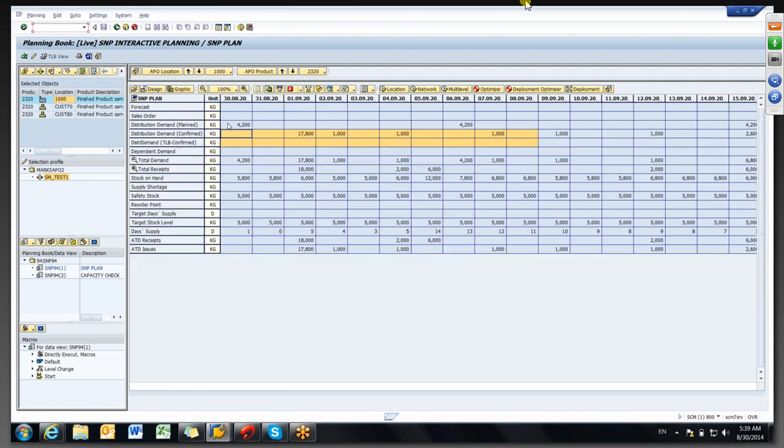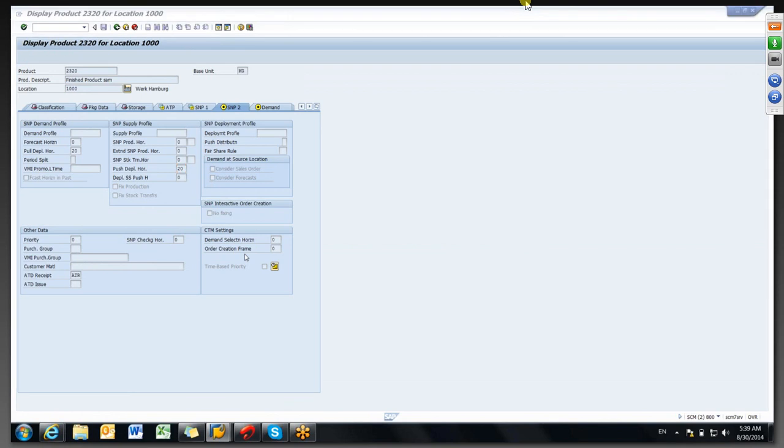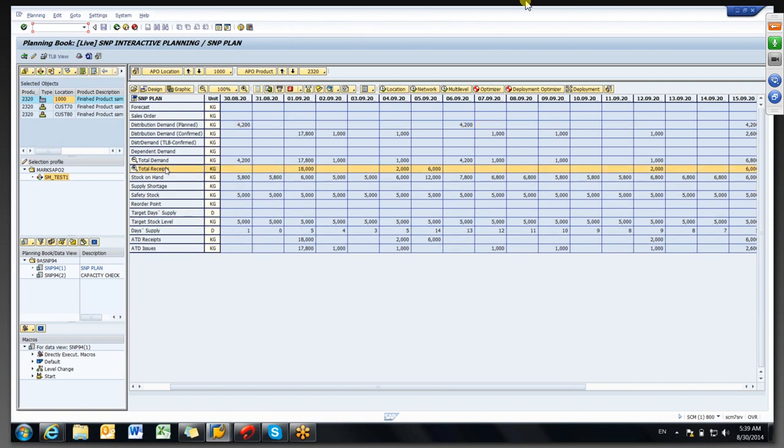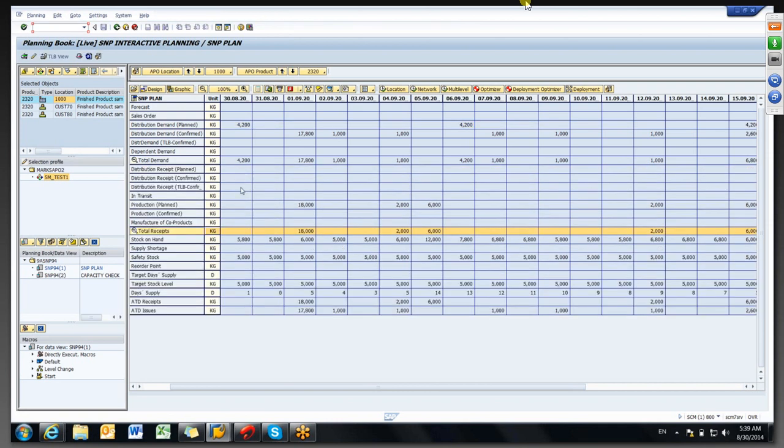Pull horizon means how many days of demand it should pull, and push means how many days of receipts it should consider. It may be having stock on hand, or a production plan or production confirmed, any other receipts. From the current day onwards, how many days it should consider to confirm the demand which you get from the ship-to party location.